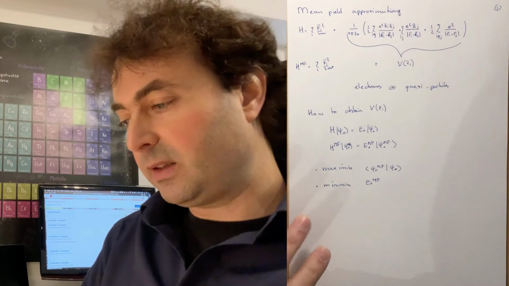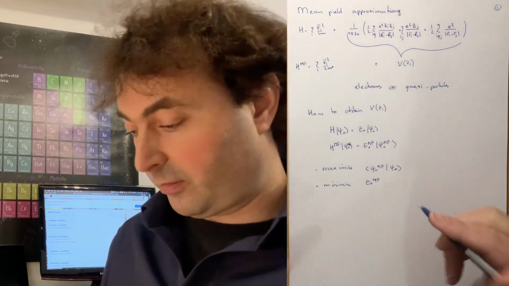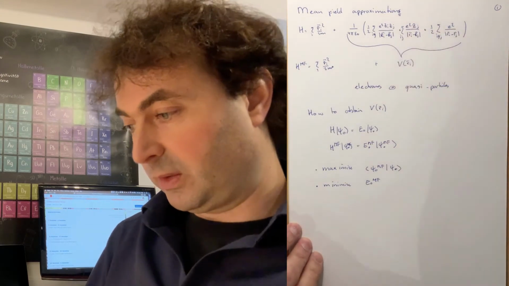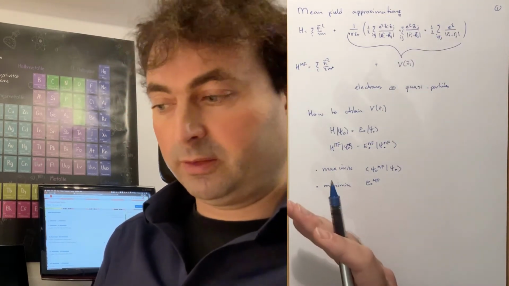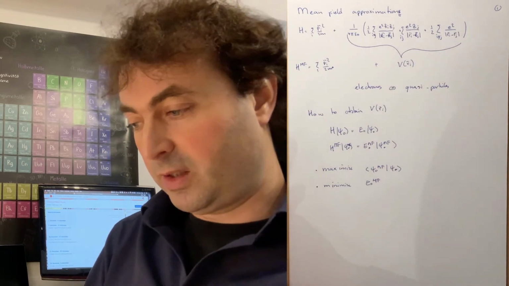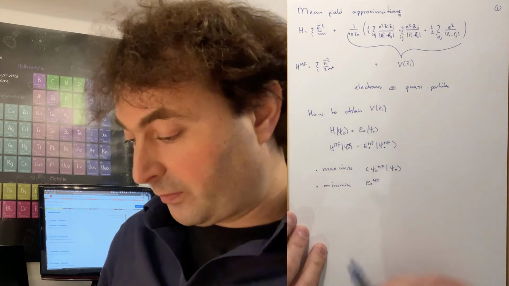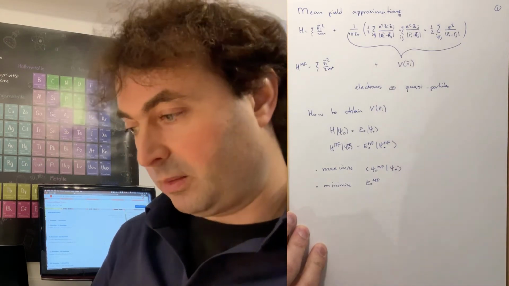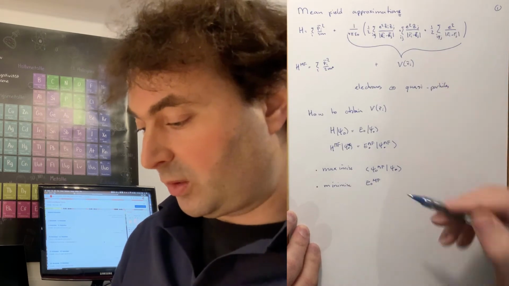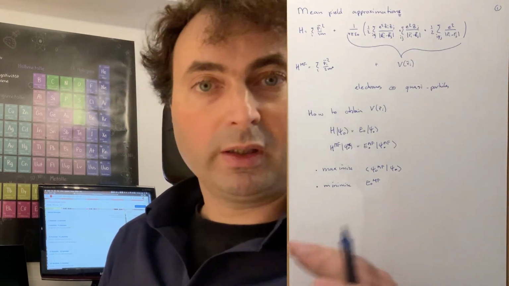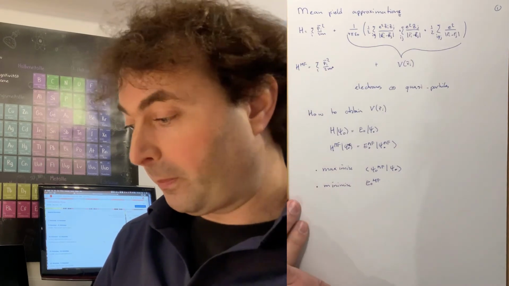And the nice thing is that I do not even need to know the many-body ground state, because I do know that the lowest energy state is the eigenstate, is the ground state. So if I'm minimizing my mean field energy, I choose the potential such that this is a minimum, then I go to an optimal representation of my system.